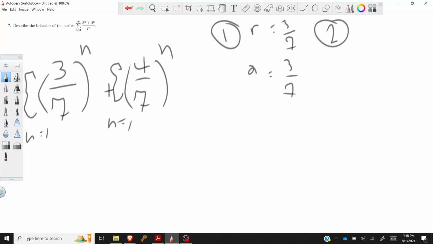For the second one, our r value is equal to 4 over 7, and our a value is equal to 4 over 7. So let's plug it into the equation.